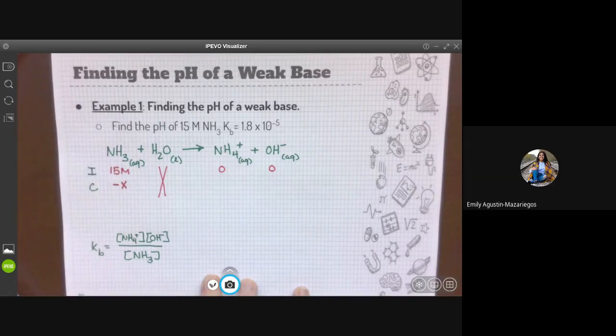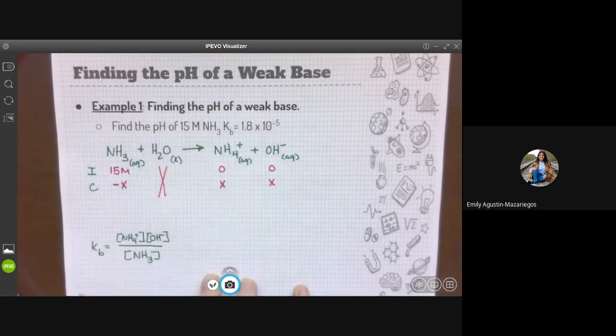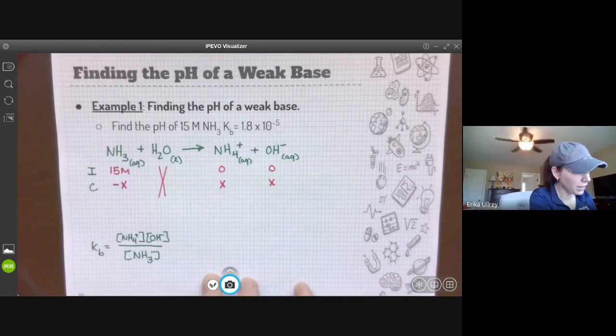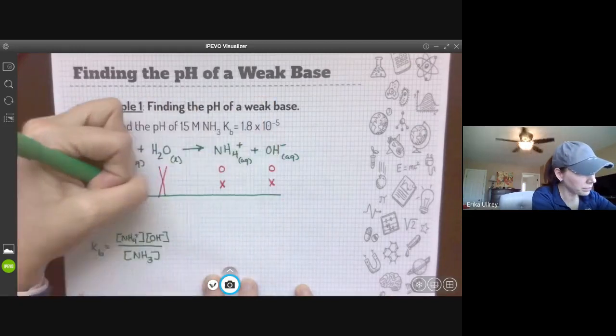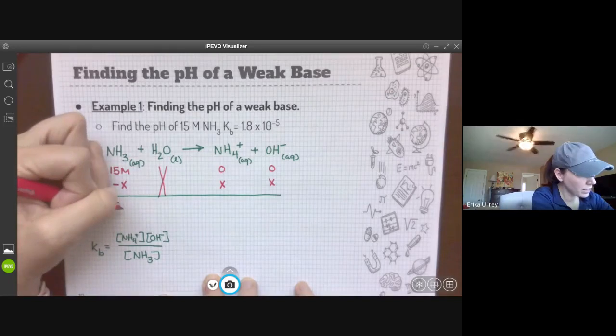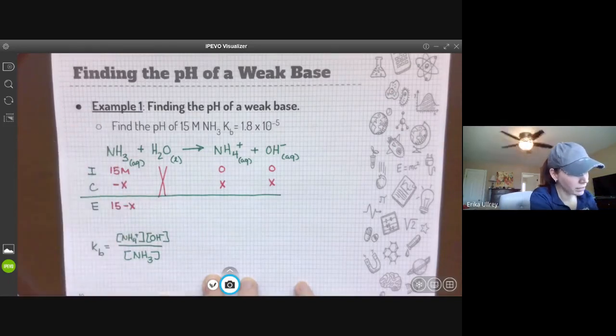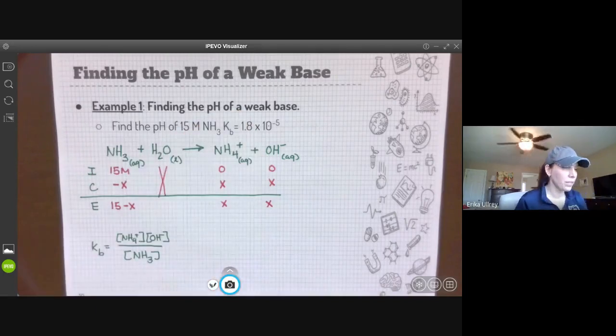And then plus X for the products NH4 plus and OH minus. Perfect. Okay, and then we're going to write what's going on at equilibrium. So here we're going to have 15 minus X, and then X and X. Good. So now that we have this, what's our next step? What's the next thing that we're going to need to do?